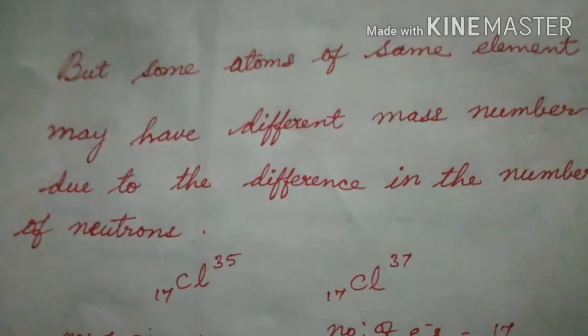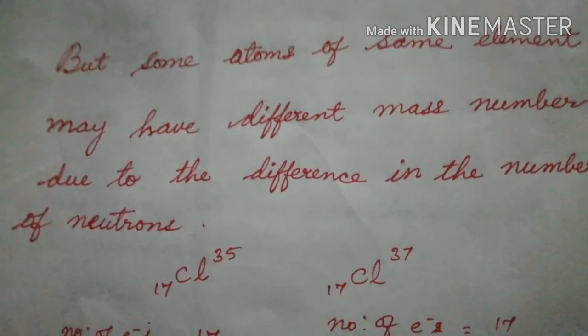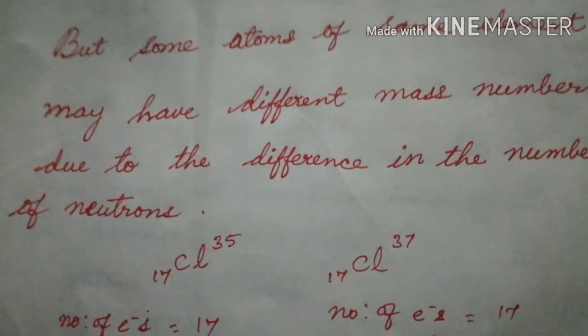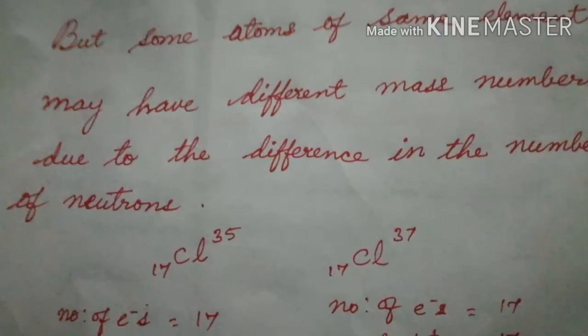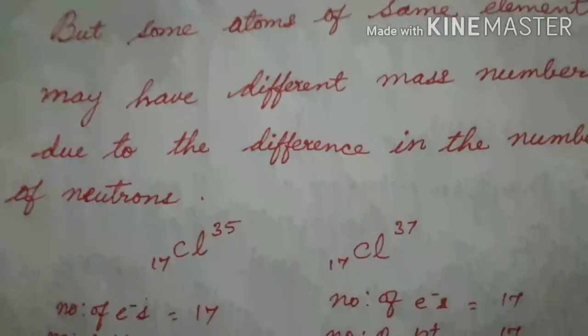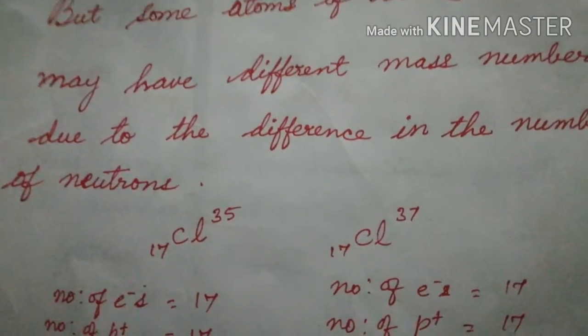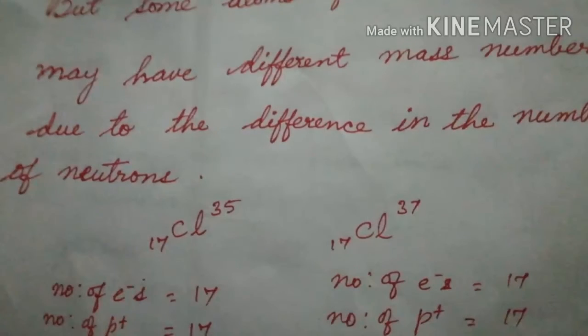But when you come to the number of neutrons, chlorine-35 possesses 18 neutrons and chlorine-37 possesses 20 neutrons. Hence the difference is in the number of neutrons present in the nucleus of the atom.